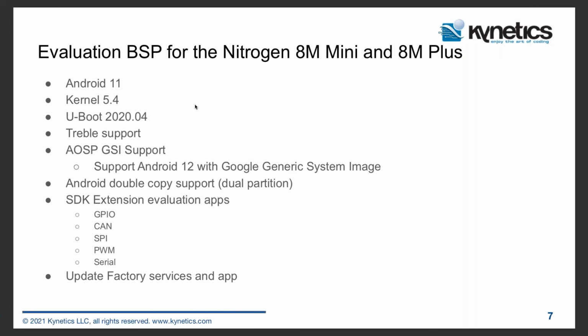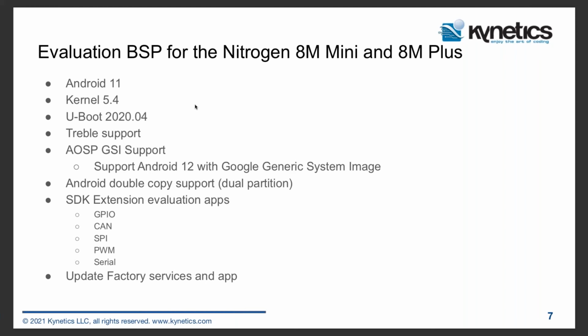Early October, we will be releasing Android 11 for the Nitrogen 8M Mini and 8M Plus boards. We already have Android 10, but this is the latest Android we are releasing, with Kernel 5.4.